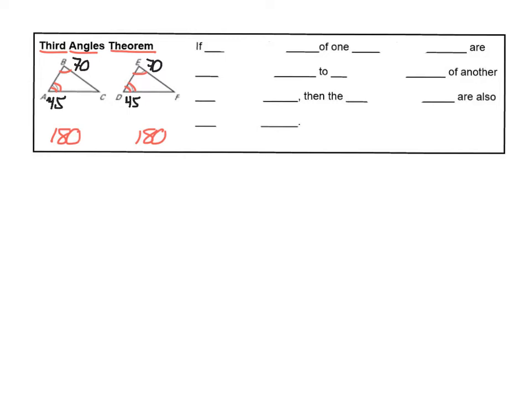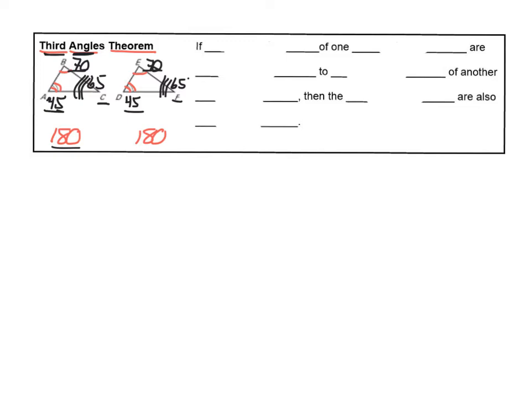So based on that, using the triangle sum theorem, I know that angle C must equal 65 degrees for the triangle to add up to 180. And angle F must equal 65 degrees for the same reason. So even though I wasn't initially told that angle C is congruent to angle F, I can mark them as being congruent because they're the third angles in these two triangles where I have two congruent angles.